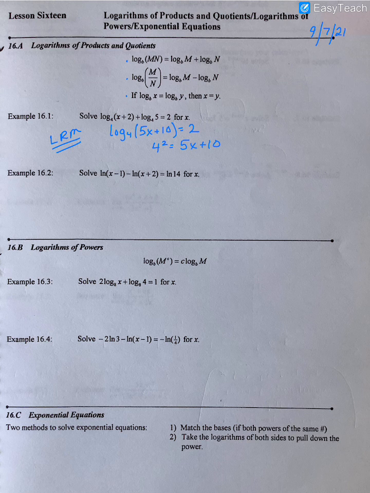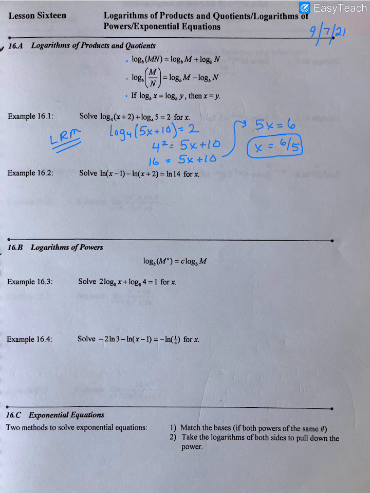From here, we're just taking the math steps. 4 squared is 16, so 5x plus 10 equals 16. If I subtract the 10 over, it becomes 5x equals 6, and then x equals 6/5. That should sound familiar from Algebra 2 and Pre-Cal.